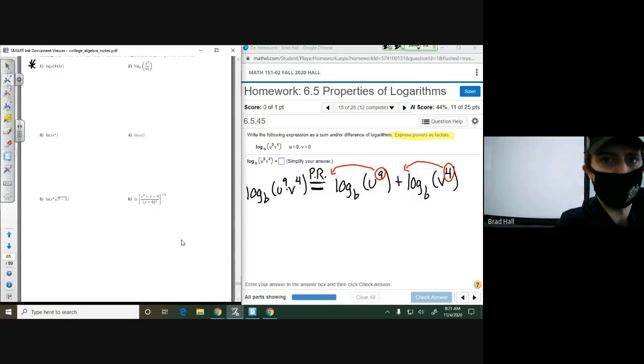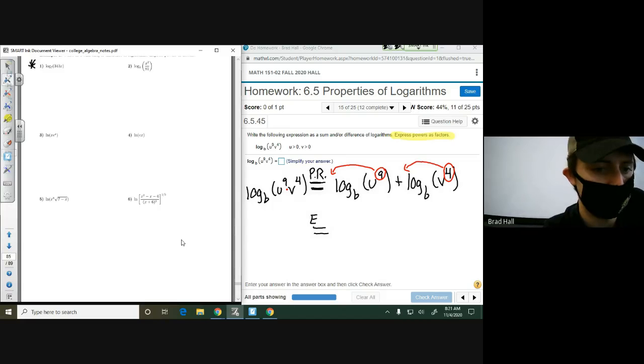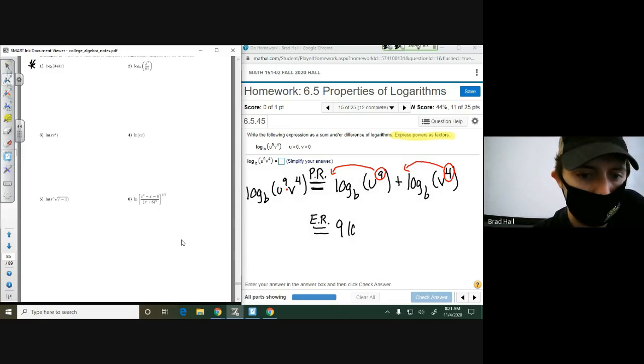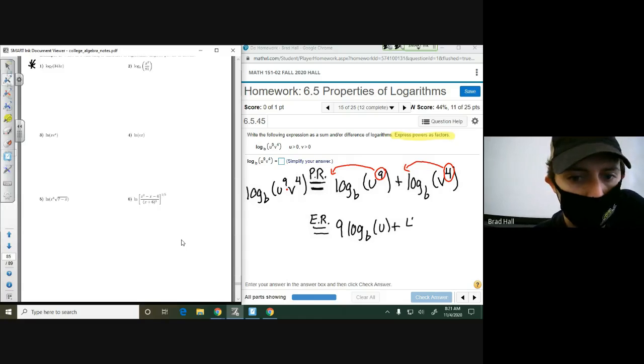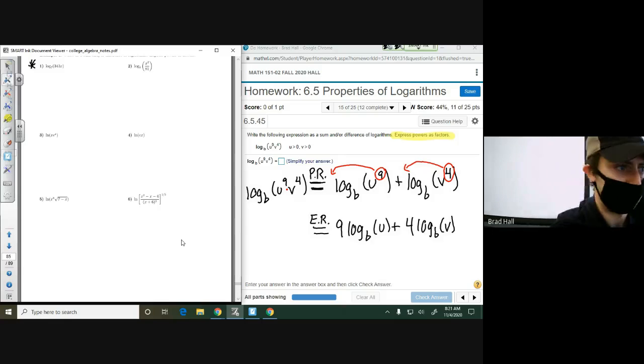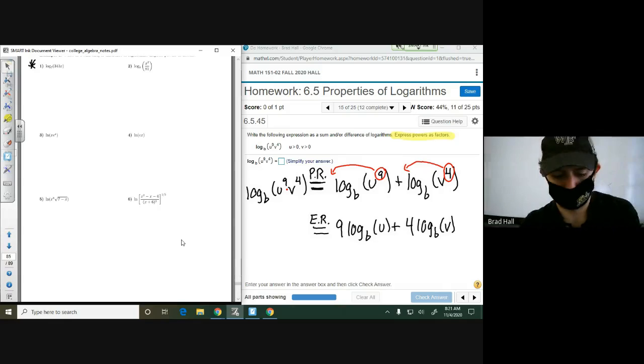This is two applications of the exponential rule, so I'll put ER. So this is 9 log base b of u plus 4 log base b of v, and that is your final answer right there.